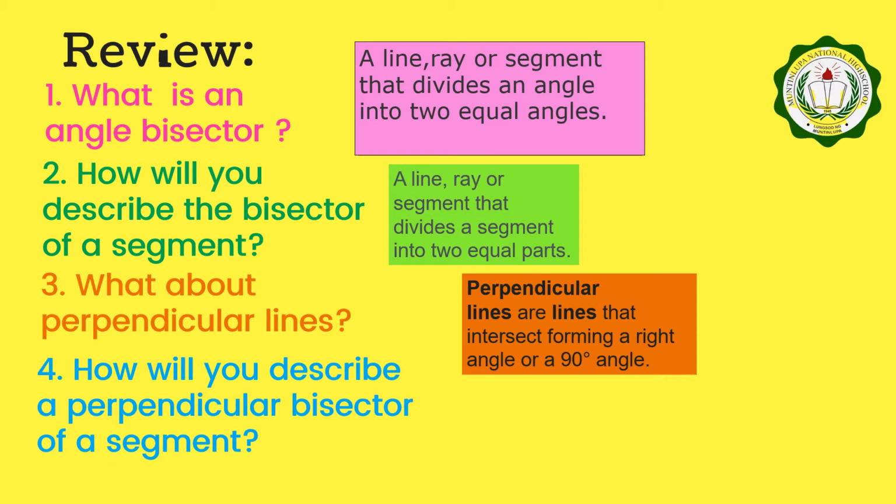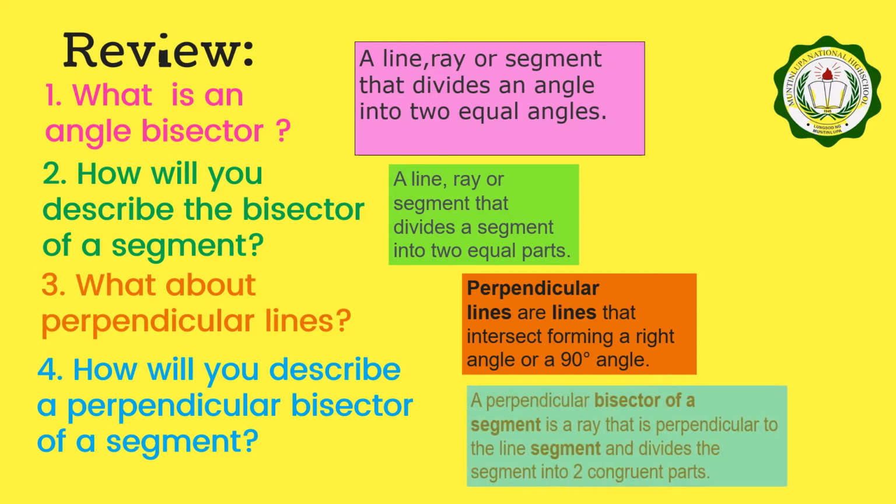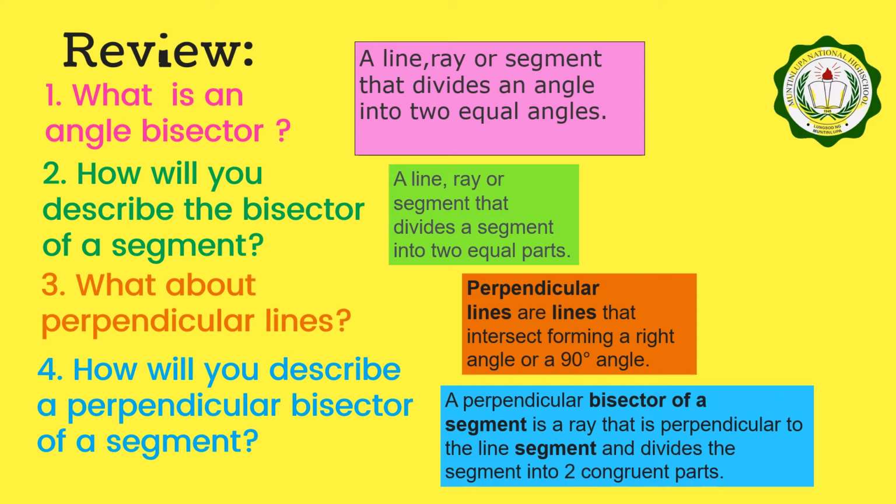Having learned that perpendicular lines form right angles and that the bisector of a segment divides a segment into two congruent segments, then a perpendicular bisector of a segment is a ray that is perpendicular to the line segment and divides the segment into two congruent parts. So from this, you can now distinguish the difference between an angle bisector and a perpendicular bisector of a segment. So if that is the case, let us now proceed to our lesson.